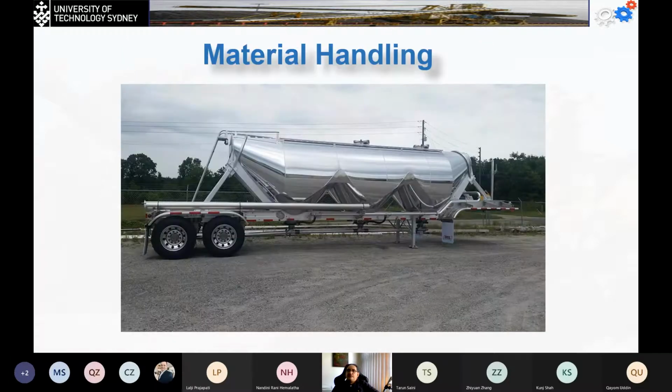I think that most of you saw something similar to this. I will call it a tank, but actually it's a silo. Have you seen this tank before?